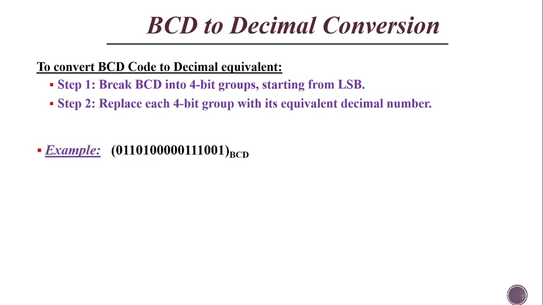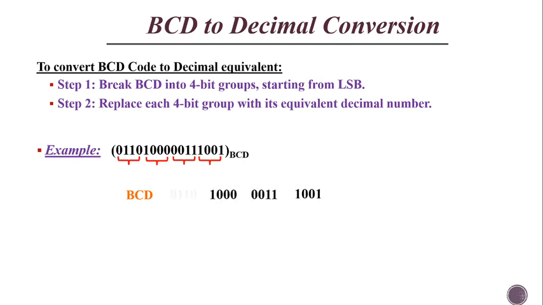Let's see the example. So here a BCD number is given and we have to group this BCD number into 4-bit groups starting from the LSB. So this is the first group, second, third and fourth group.